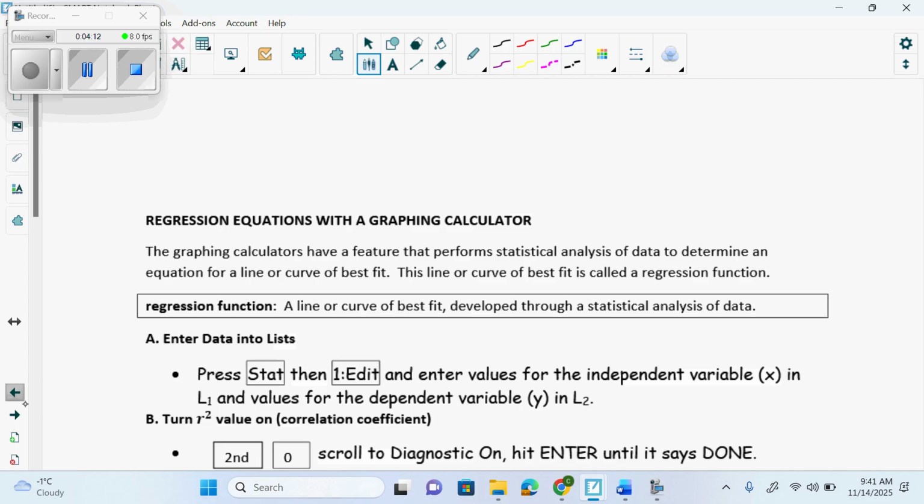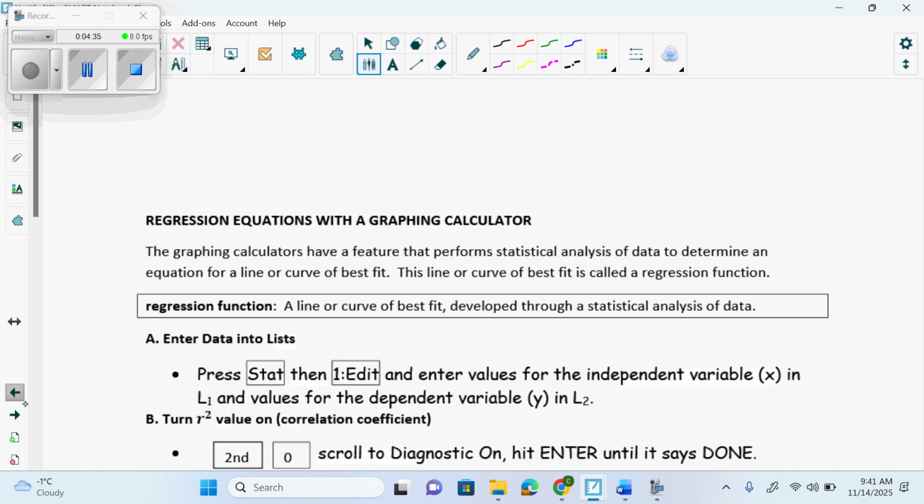Stat, edit. And then I get my list. Everyone listening? Okay, go 1, enter 2, enter 3, enter in list 1. So you would have 1, 2, 3 in list 1.